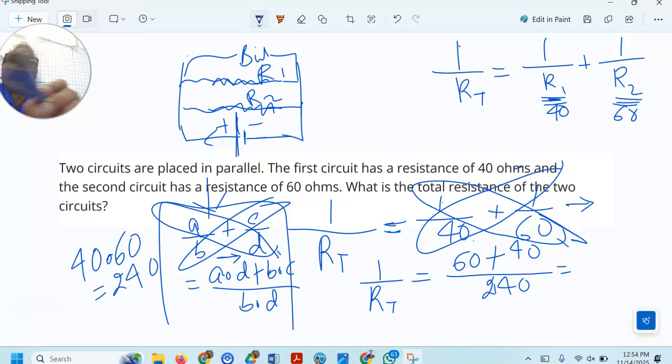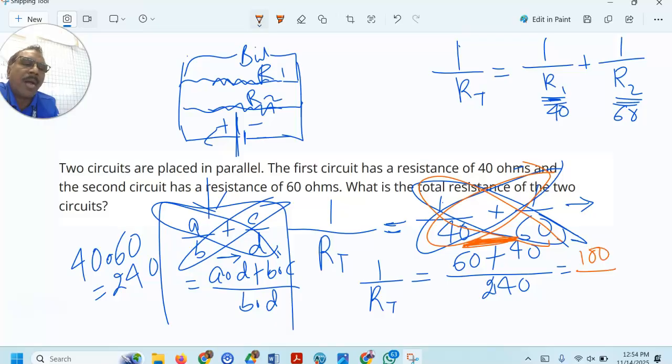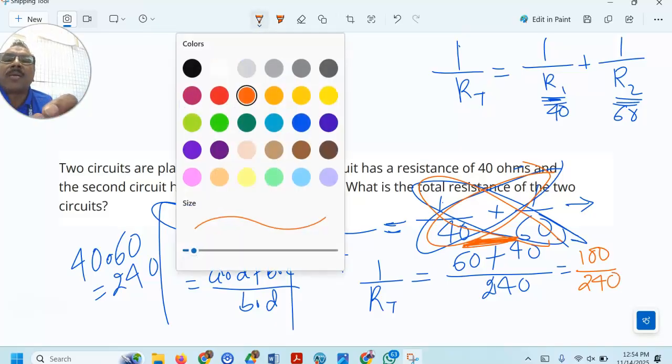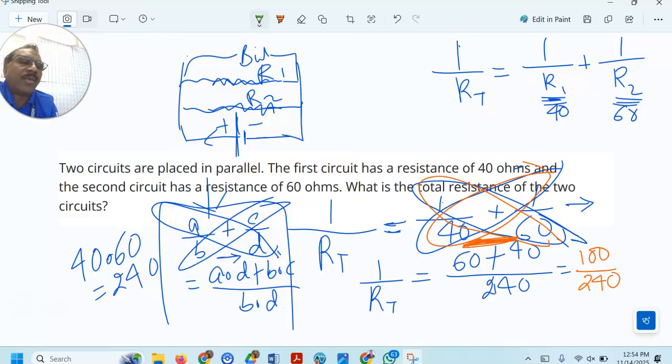You use these two and these two, and you get 100, and you multiply the bottom pieces, the denominators, and get that. The total becomes 100 divided by 2400. We can cross out the 0s, which is like dividing by 10 in both places.